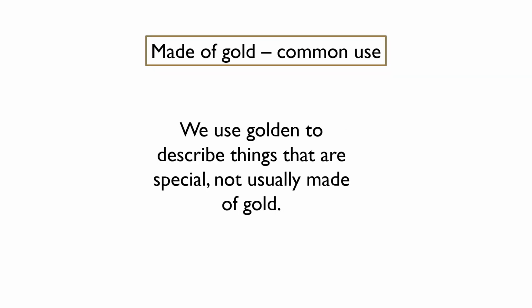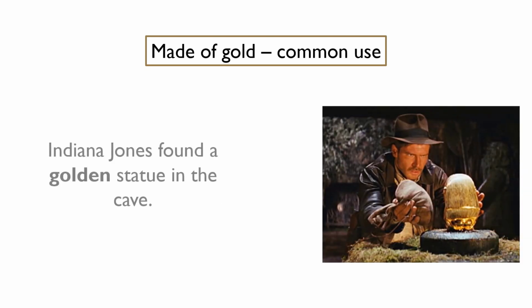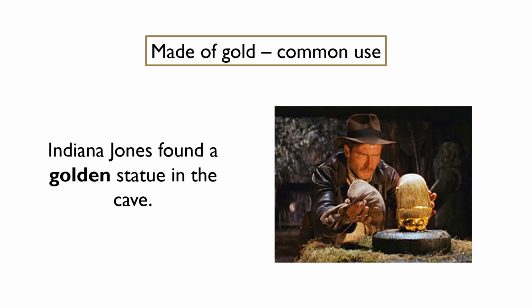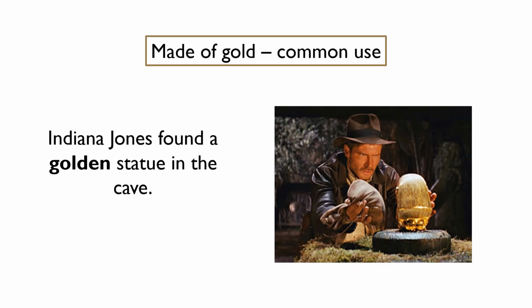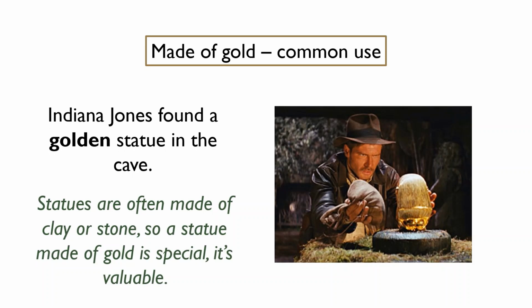Made of gold, common use. We use golden to describe things that are special, not usually made of gold. Indiana Jones found a golden statue in the cave. Statues are often made of clay or stone, so a statue made of gold is special.